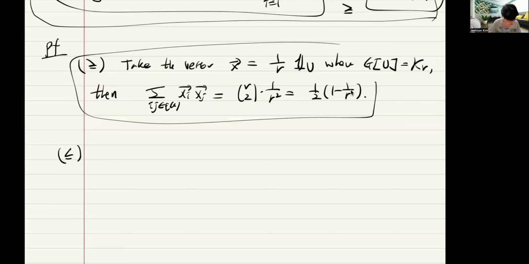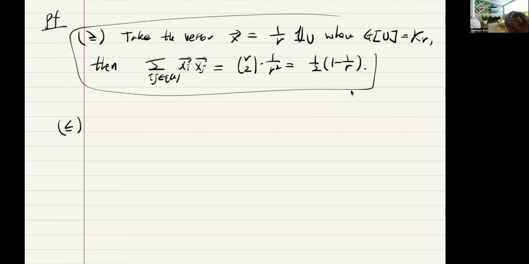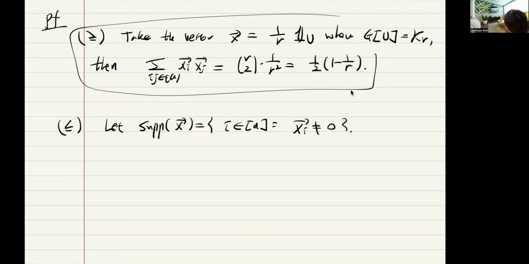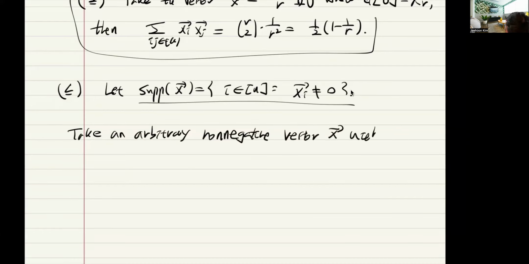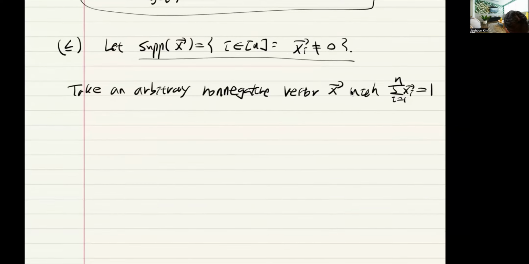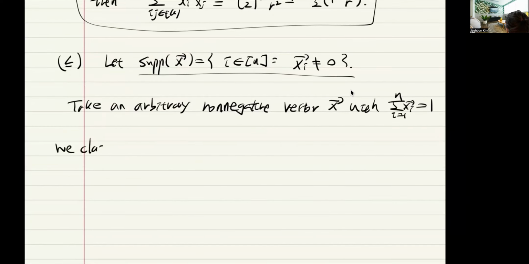Let's prove the other direction. We write the support of x as the set of coordinates where the i-th coordinate is not 0. We want to show the following. Let's say we have an arbitrary non-negative vector x whose entries sum up to 1. Then we claim the following.